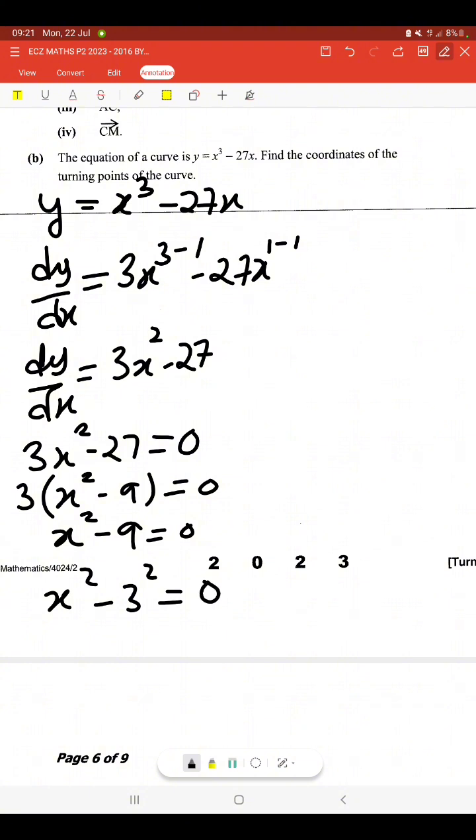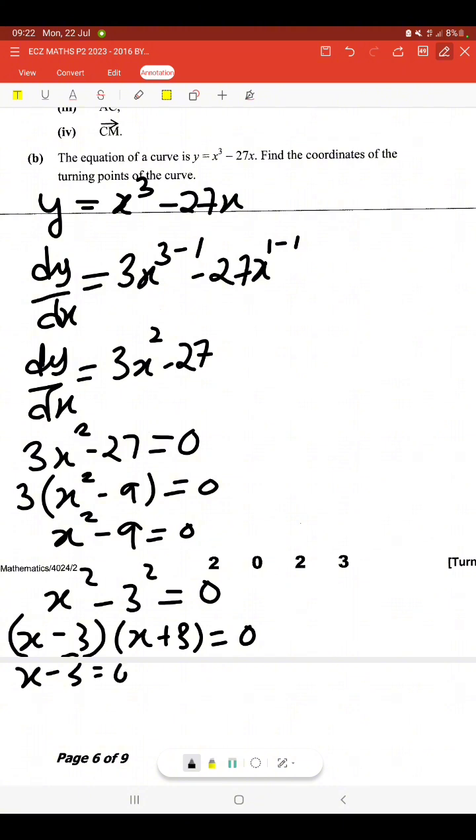Now we can see that here we've got a difference of two squares, meaning we're going to say x minus 3, close the bracket, and then x plus 3, close the bracket, equals 0. Then x minus 3 equals 0, and x plus 3 also equals 0. So meaning x is equal to 3 and the other x is equal to negative 3.